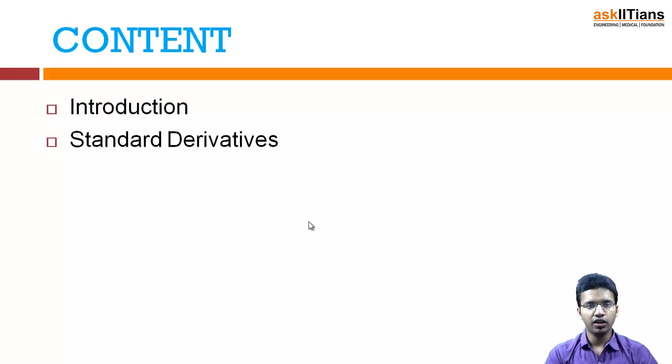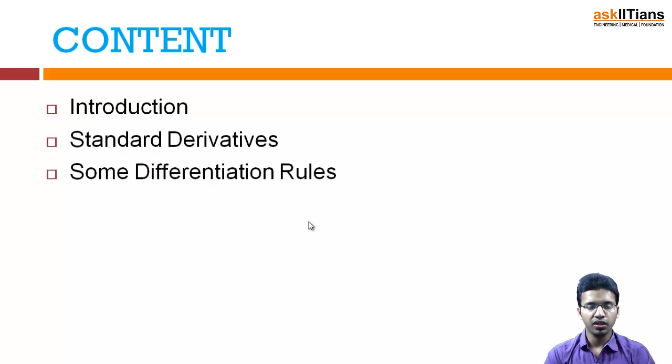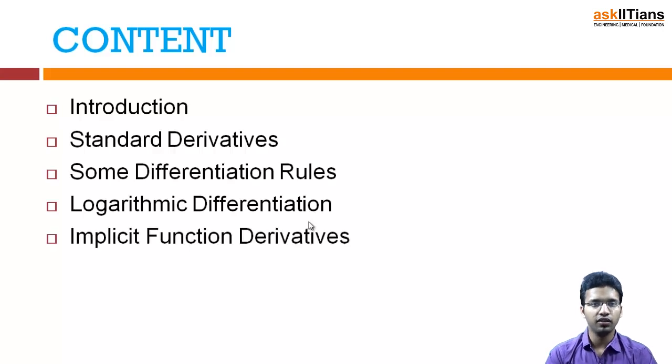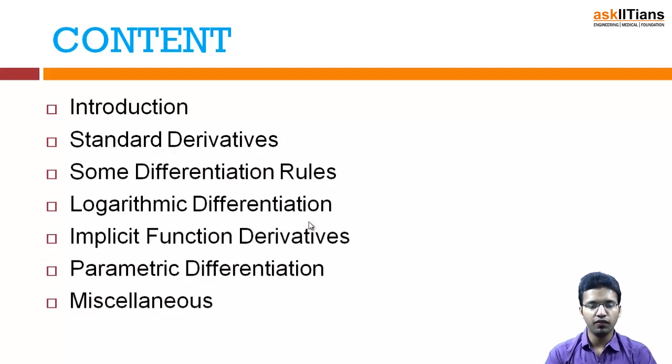Then we will look at the standard derivatives and some differentiation rules, then logarithmic differentiation, parametric and implicit functions, and the miscellaneous part. You will find the miscellaneous part in each of my topics as I keep the JEE things there, so the final conclusion is in the miscellaneous part.